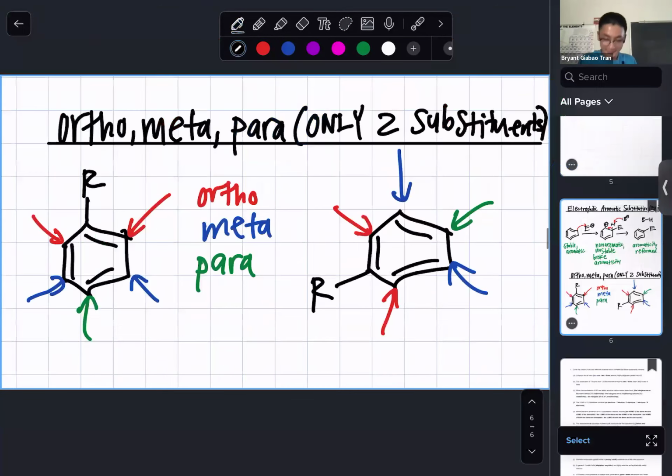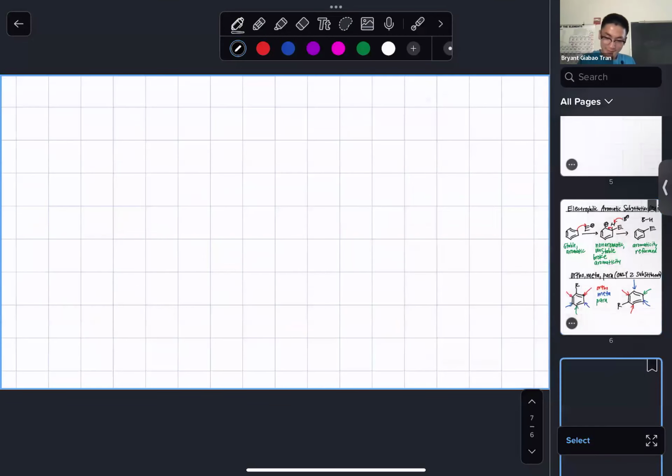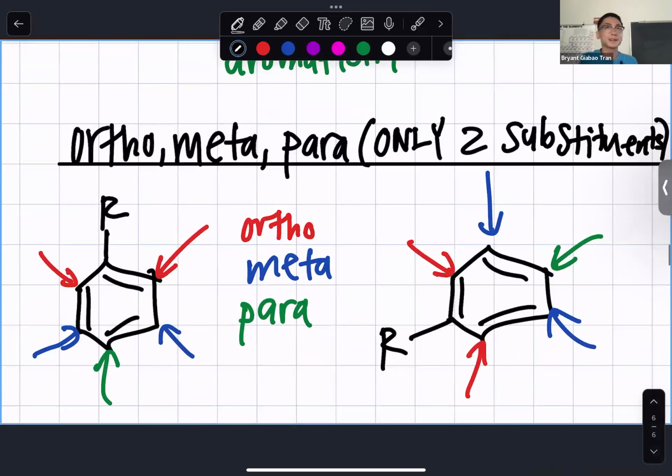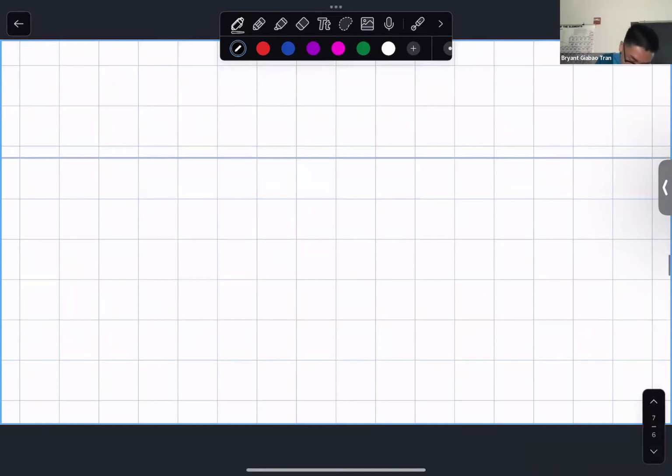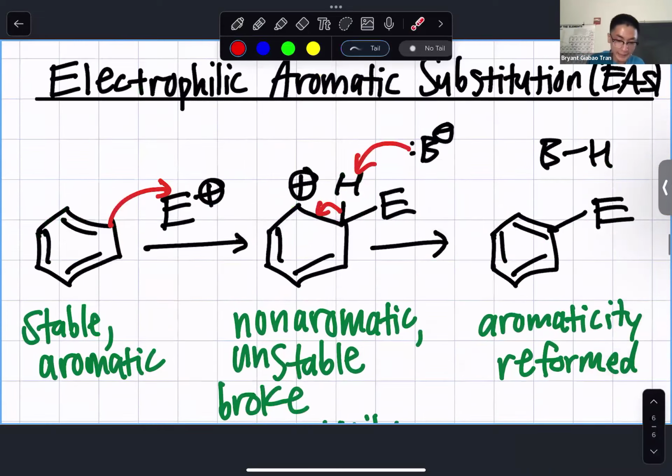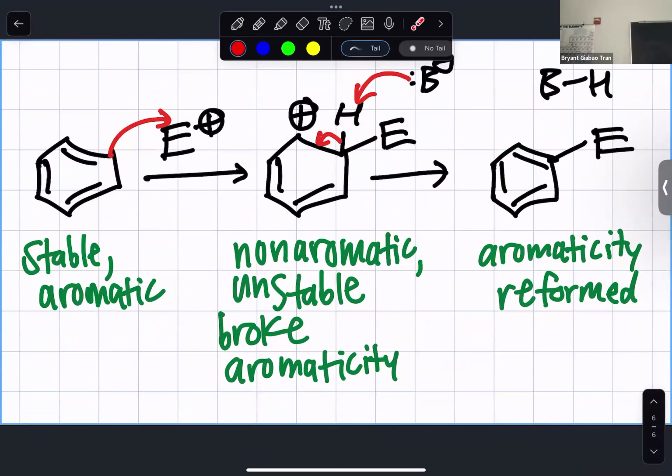Now, are you guys familiar with EDGs and EWGs, electron donating groups, electron withdrawing groups? Okay, yeah, that's good. So you notice how when I went over this EAS reaction here, our benzene ring was the nucleophile. So what group do you guys think is going to make this reaction faster?